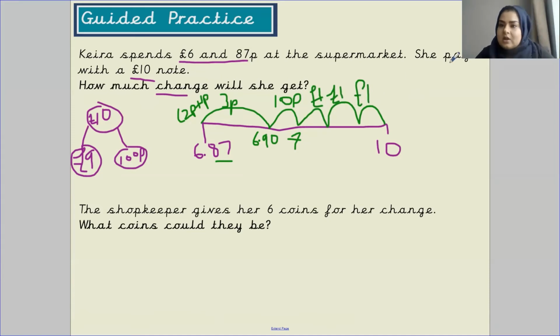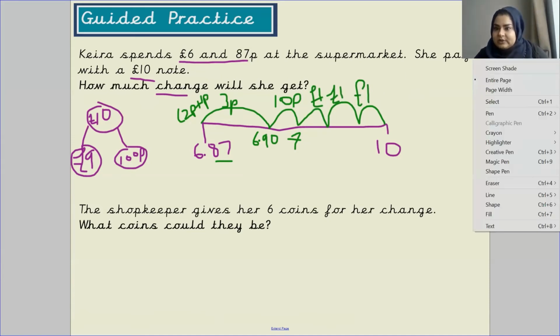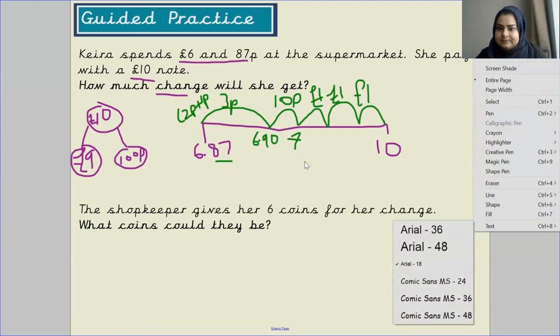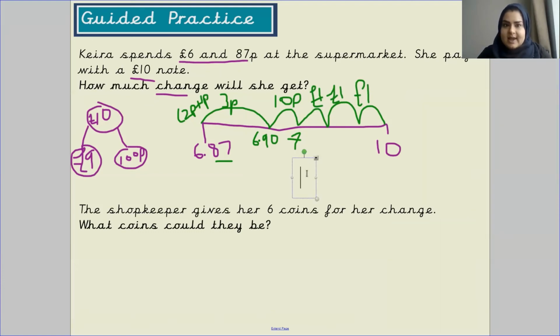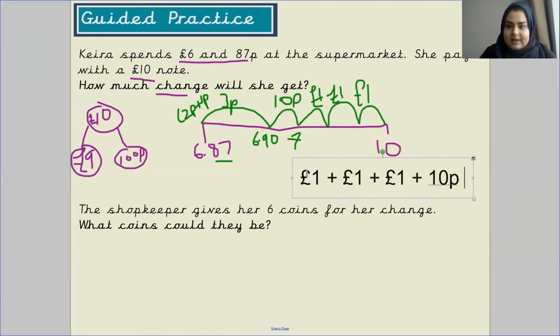So if I add all this together, I am going to add £1, add £1, add £1, plus 10p.